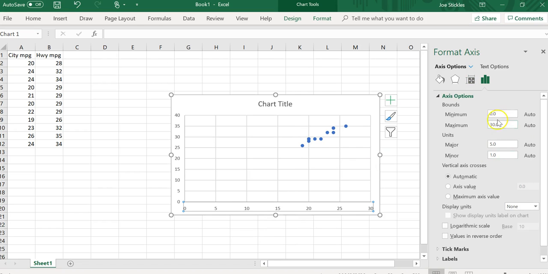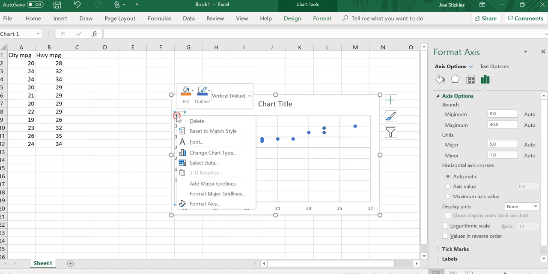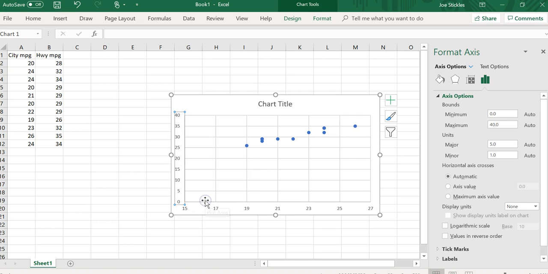If I click on Format Axis, then I can change what my minimum and maximum are for these. So I'm going to change this to, say, 15, just so I don't have to start at 0 there. And then you can do the same thing for the vertical axis. Format it. And let's say I want to make the bottom 20, only so I can see the points a little bit more spread out.